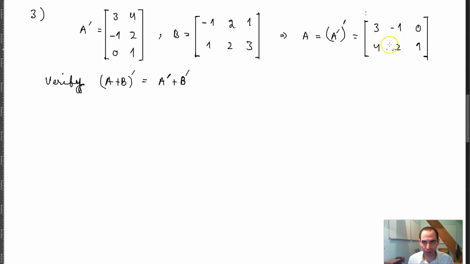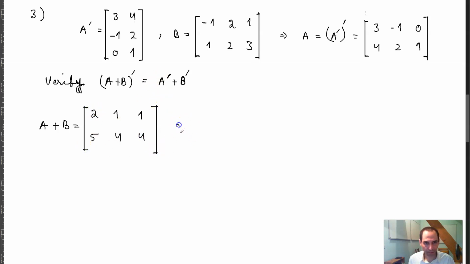Now A plus B would be these two matrices added together, which is basically -1 plus 3 is equal to 2, and 2 plus -1 is equal to 1, and 1 plus 0 is equal to 1, 1 plus 4 is equal to 5, 2 plus 2 is equal to 4, 3 plus 1 is equal to 4.